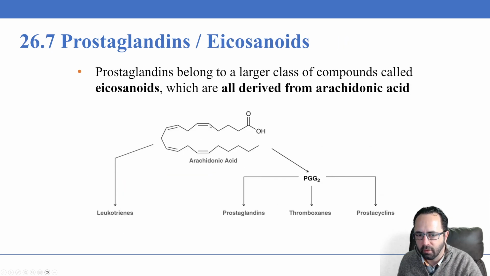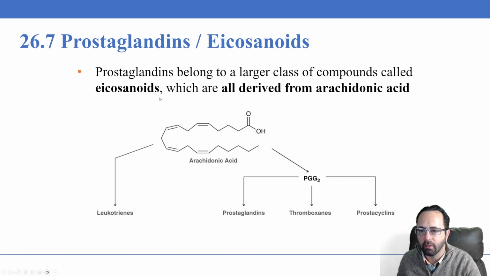So let's look at another example. Here prostaglandins are going to be formed from arachidonic acid. This is a polyunsaturated fatty acid, and it can undergo biological reactions to produce the various prostaglandins and another class of molecules called leukotrienes. Prostaglandins belong to a larger class of molecules.